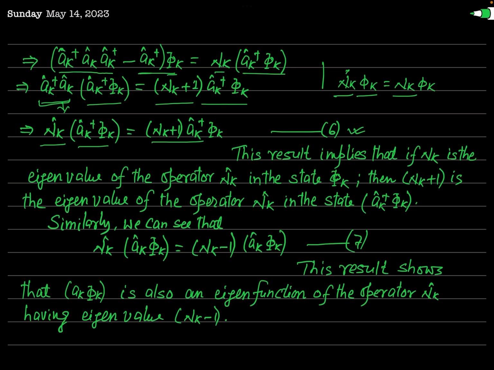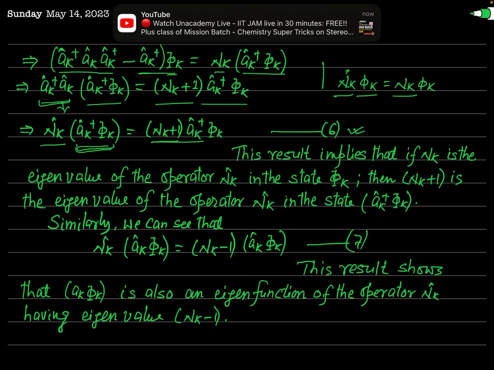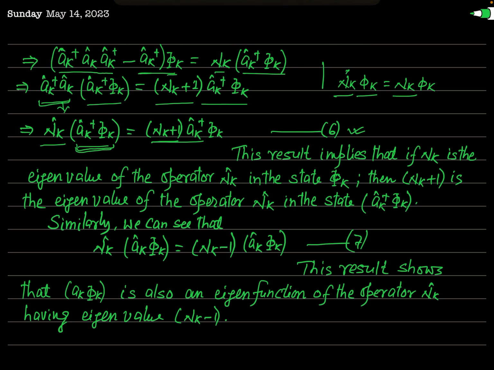Here the eigenvector is not phi k but ak dagger phi k, and its eigenvalue is not nk but nk plus 1. So ak dagger phi k can also be assumed as an eigenvector or eigenfunction for the operator nk hat with eigenvalue nk plus 1.